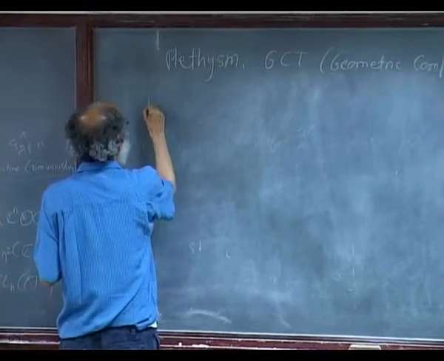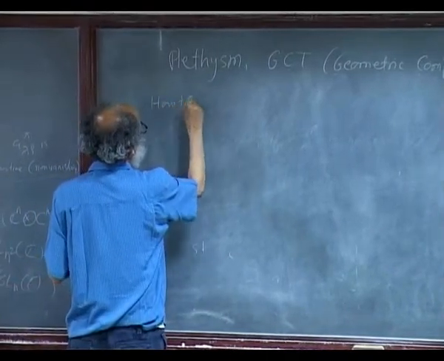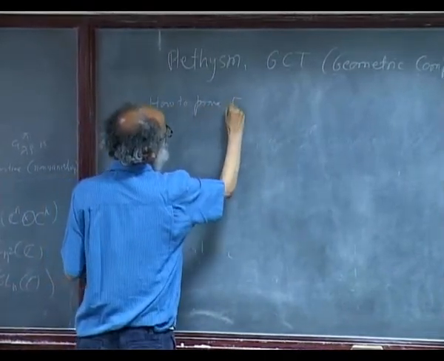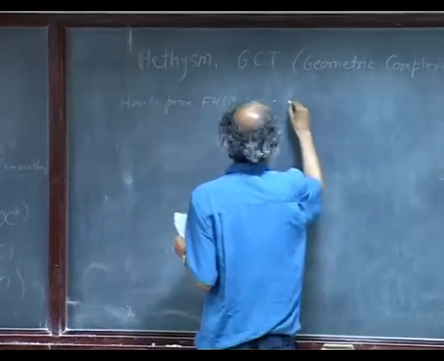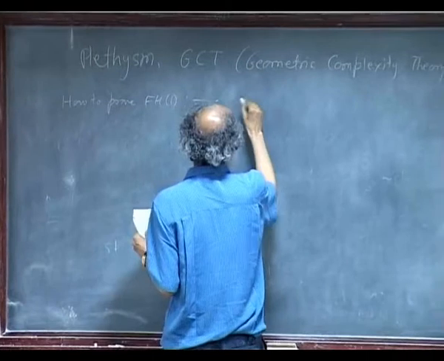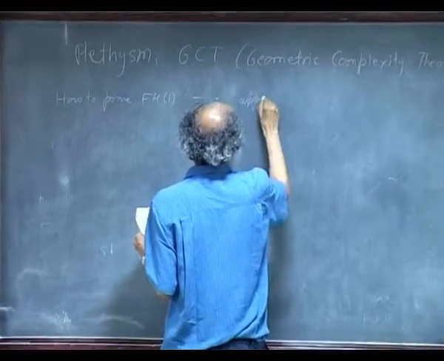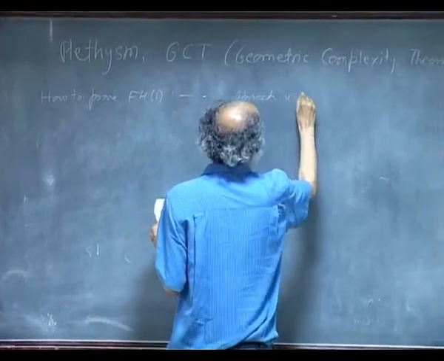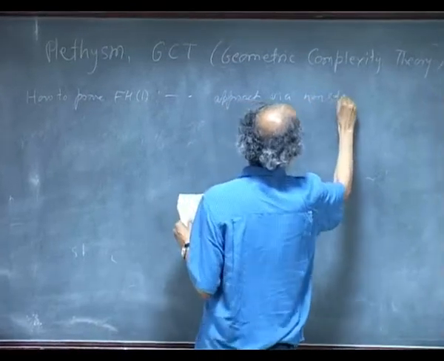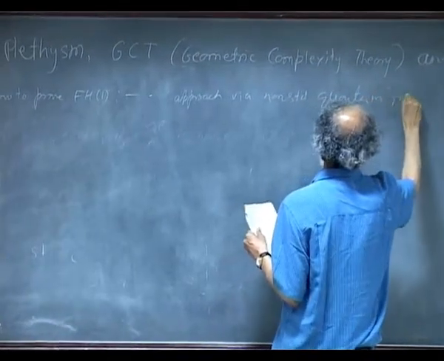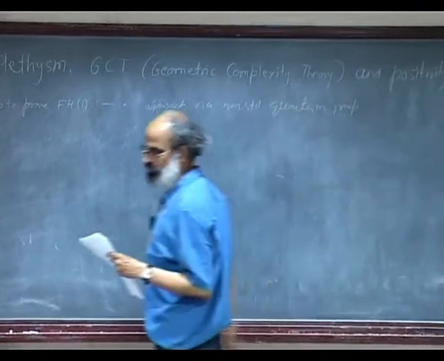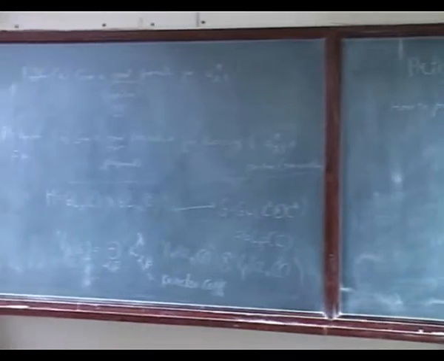So how to prove the first thing, the Sharpe thing? In the GCT program there is some approach via non-standard quantum groups, which I am not going to go into in this lecture, because that is another story by itself.